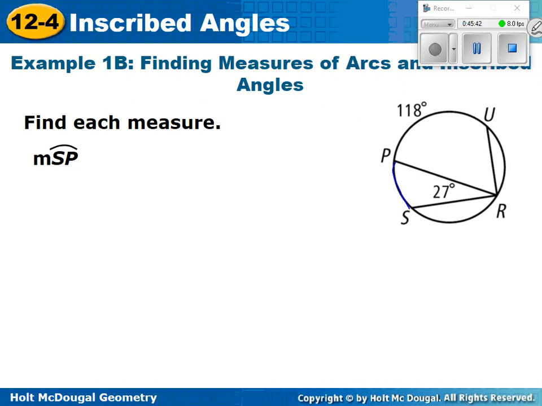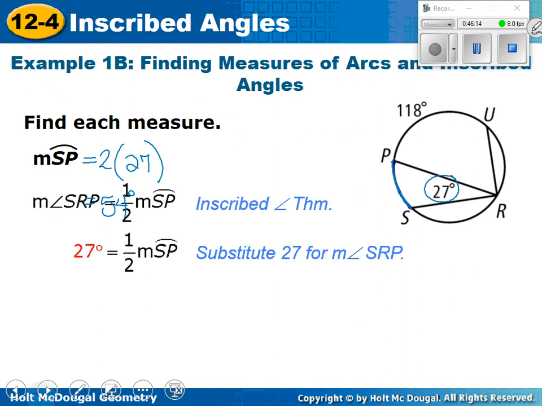So what did we say the relationship is between the arc and its angle if it's inscribed? The angle is half the arc, or the arc is twice the angle. So if I'm looking for the arc, it needs to be 2 times 27. So what is the measure of the arc? 54 what? Degrees. So remember, we're back to measures of arcs and angles, so those are going to be in degrees. So pretty easy there.